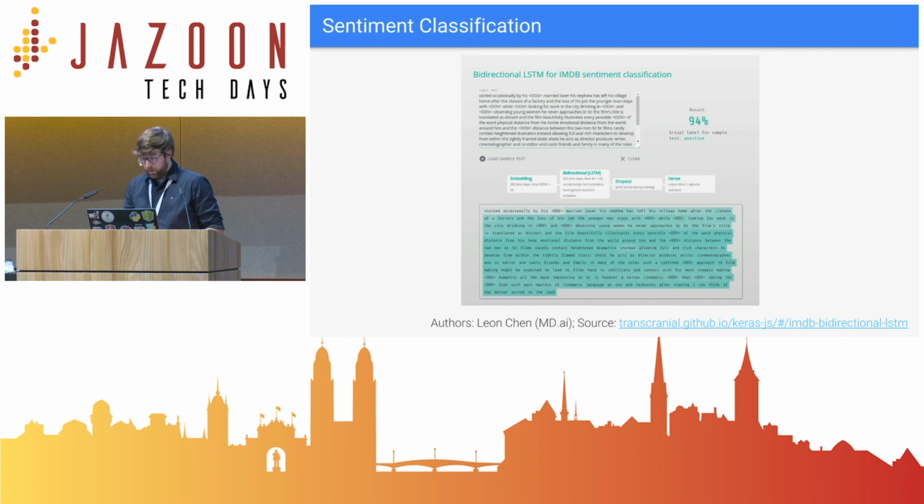There's some more. Another cool demo, and by the way all these demos are Keras.js, is an adversarial model. You train two models, a generator and a discriminator, and the discriminator tries to identify if the image from the generator is true or not. Learning this along the way, you get a generator that you can feed with random noise for a certain class, and it outputs something that the discriminator should say is true.